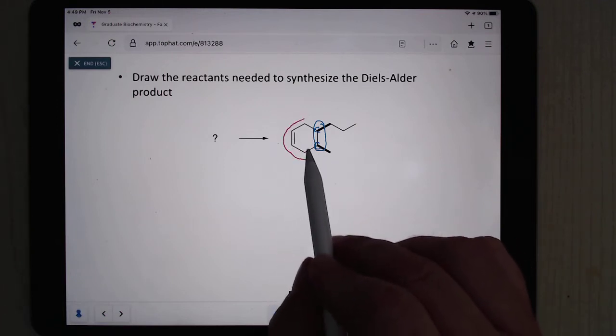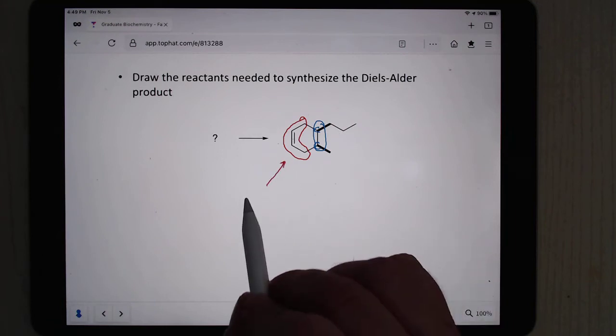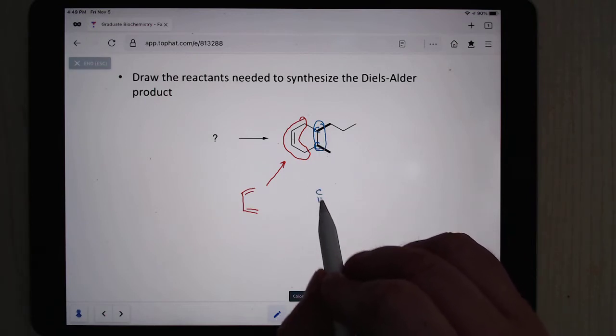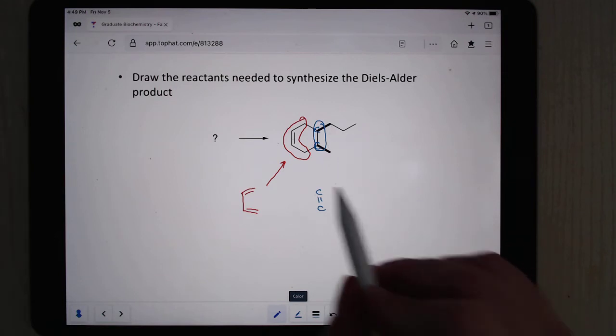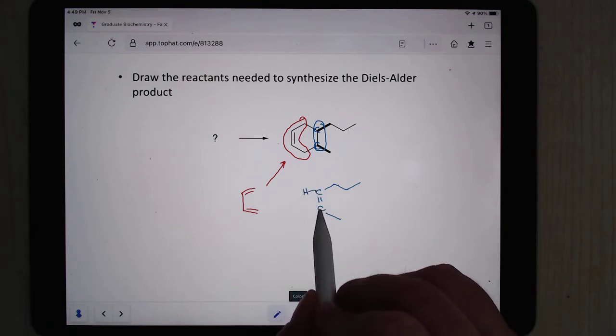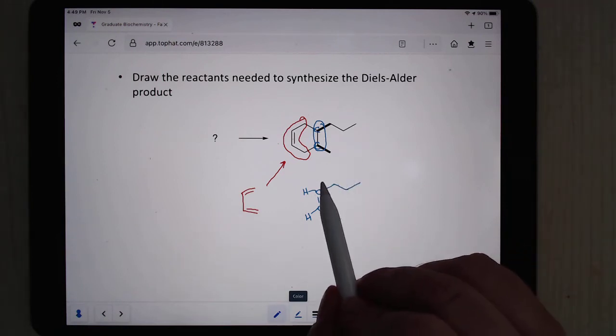Since there's not really anything hanging off of them, that is just going to end up being this. Here are the two carbons of the dienophile. Notice how these two groups are both on wedges, so they have to be on the same side. It doesn't matter which side, as long as they're on the same side. And the other two would be hydrogens. So that would be this.